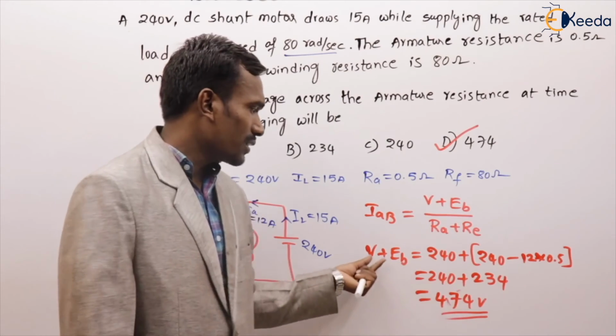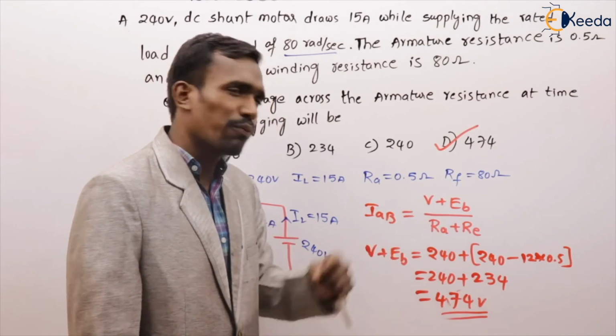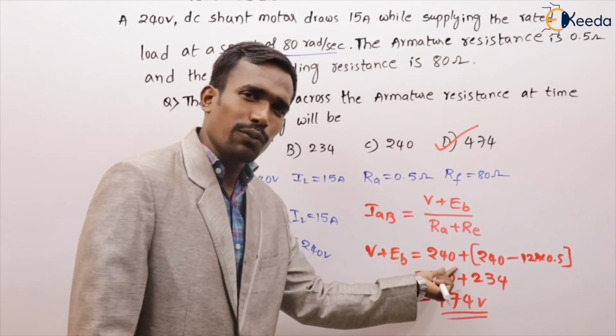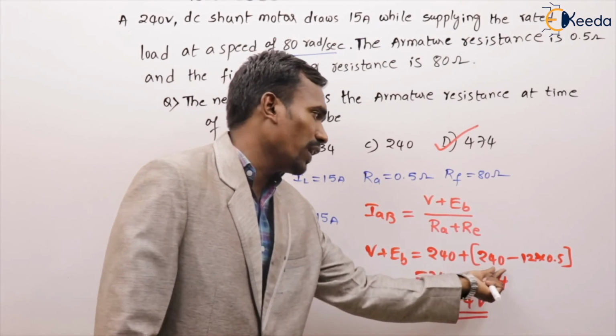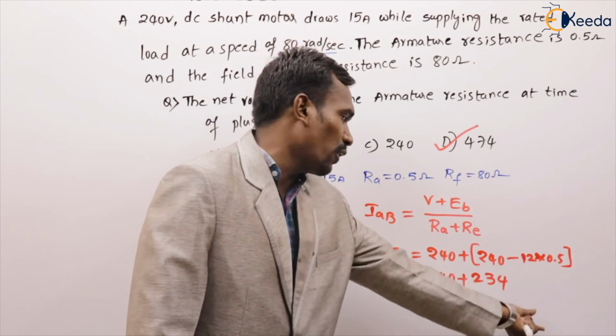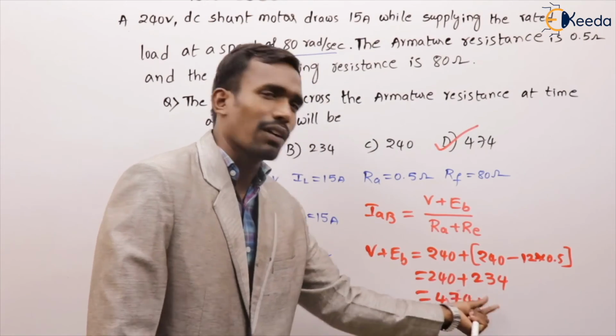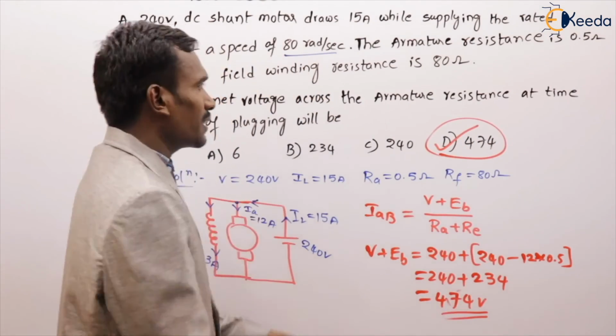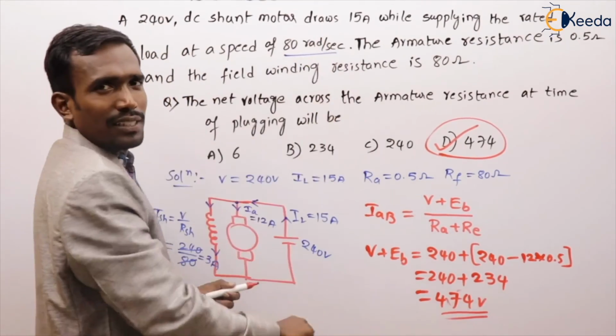Actually, the voltage at the time of plugging is V plus EB. V is 240 volts, and EB is equal to V minus IA RA. Then we get 240 plus 234. Finally, 474 volts. This is the 100% correct answer. This is the first question in the linked answer.